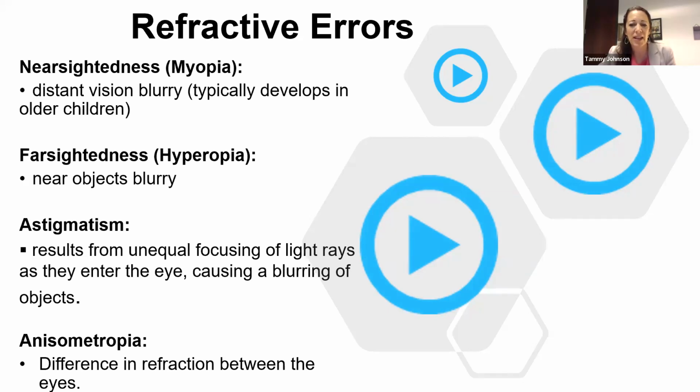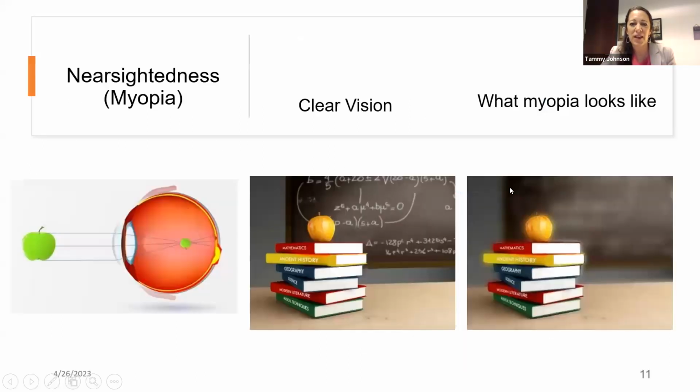Another refractive error that we're looking at is astigmatism. It's very common. In some ethnicities, you're going to see a lot of referrals for astigmatism, and that's perfectly normal. And then anisometropia, a big fancy word. An is un, iso equal, tropia vision: unequal vision between the eyes. So one eye sees well, one eye sees poorly. It is the leading cause of amblyopia, and it's typically a refractive error in one eye over the other.